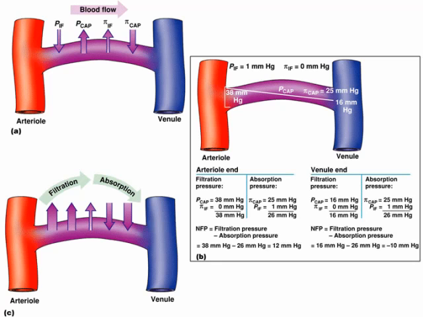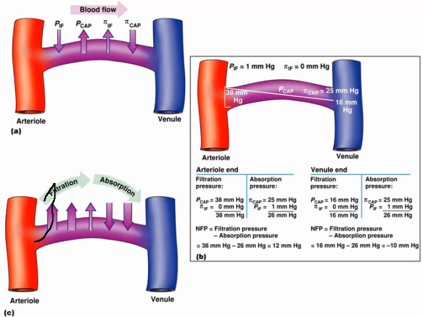So let's take a look at this. We have the hydrostatic pressure of the capillary and the interstitial fluid oncotic pressure, both favoring movement of material from the blood supply into the interstitial fluid, favoring filtration. But of course, the filtration is favored more at the arteriolar end, because that's where hydrostatic pressure is greatest.